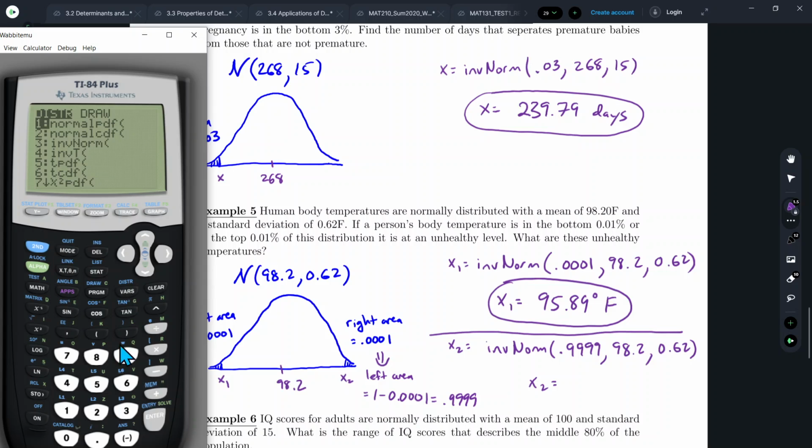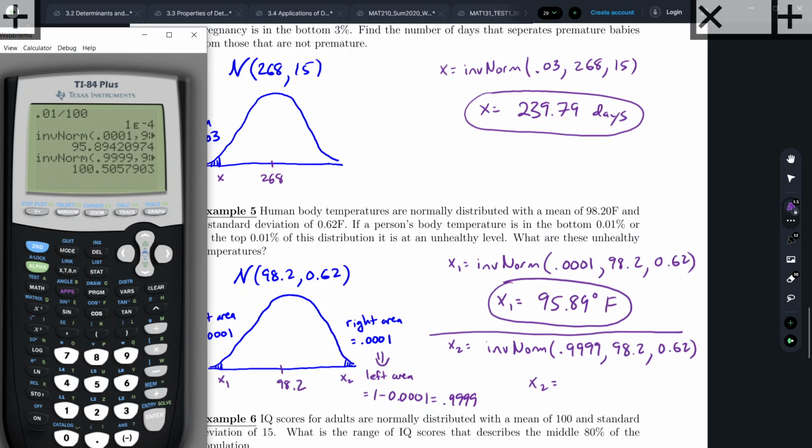I can just repeat this command, inverse norm again, and replace the area by 0.9999. I can calculate it as 100.51 degrees Fahrenheit.